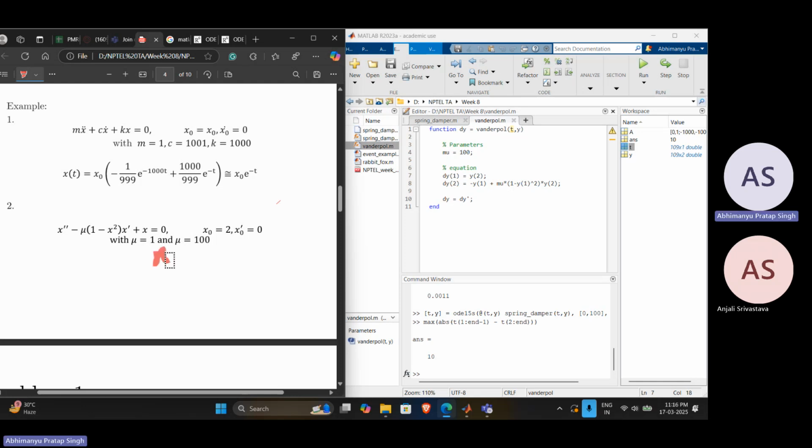Let me write it over here. So we take x prime. This is x double dot, and this is x dot.